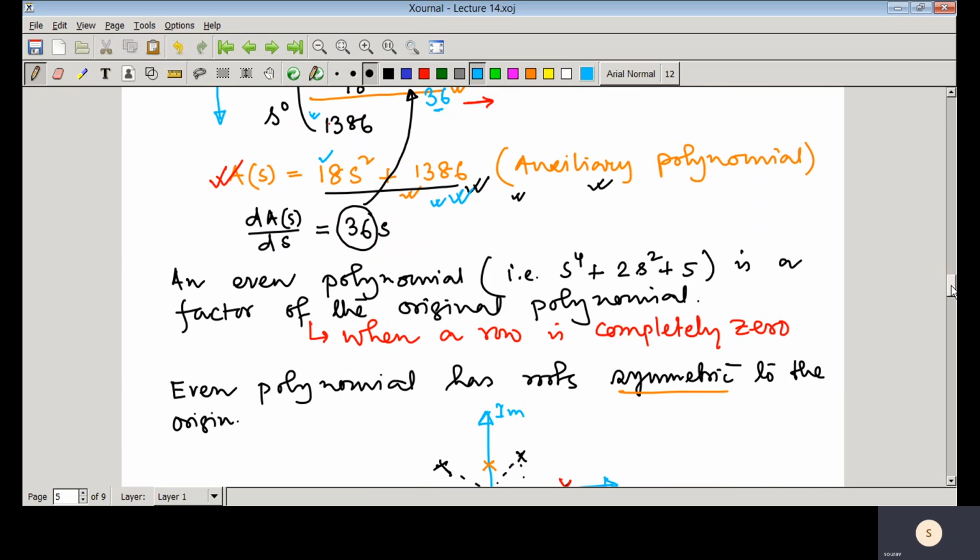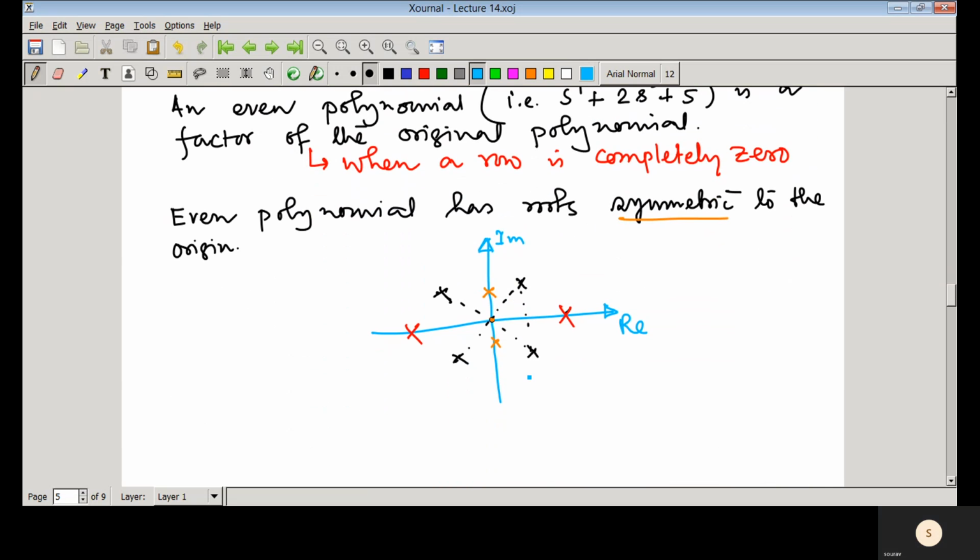And now you just apply this particular property of even polynomial. Since there are no roots on the right half of the S-plane, as the roots are symmetric to the origin, that means there should not be any roots on the left.